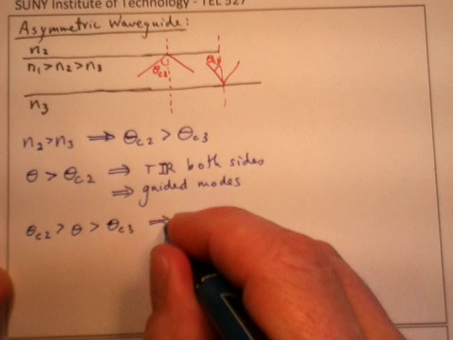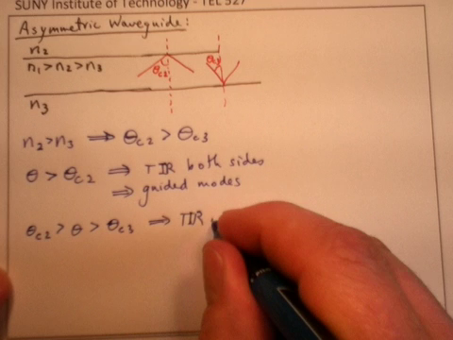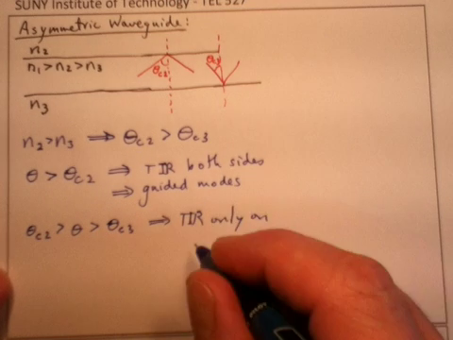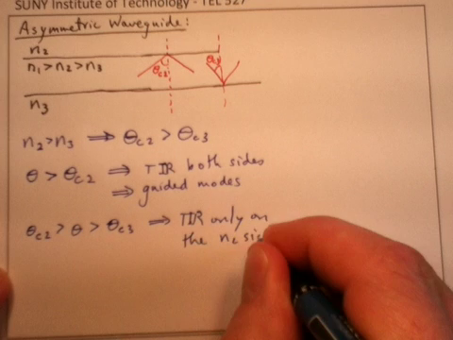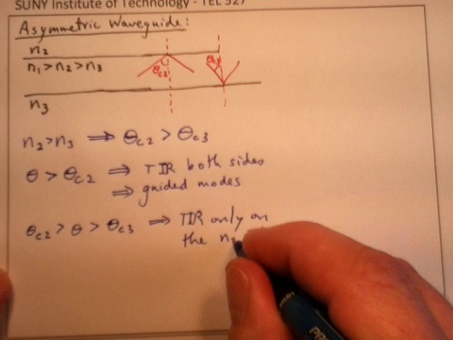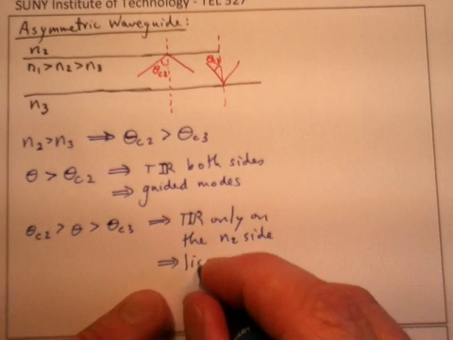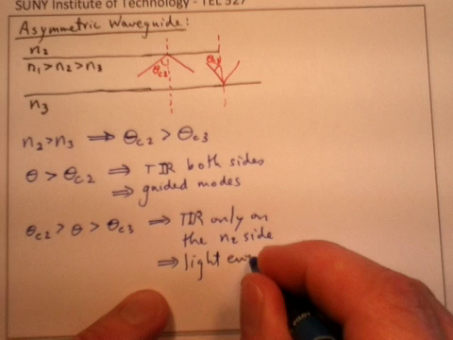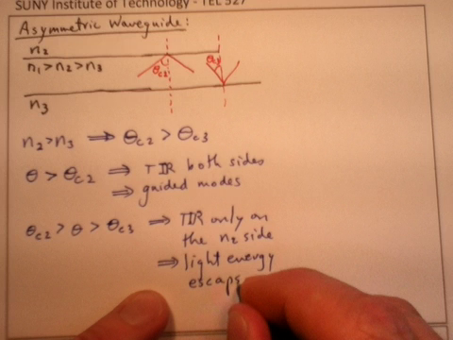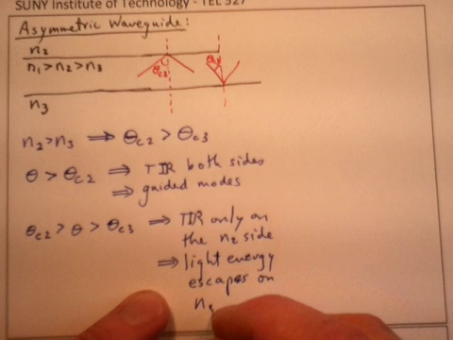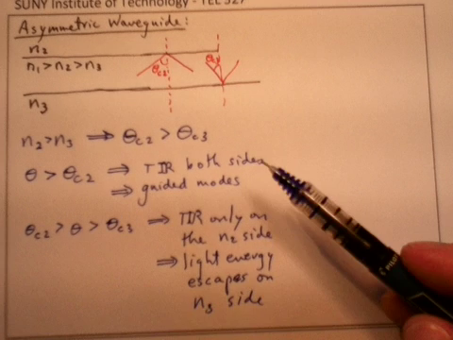We get TIR only on the n2 side, in which case we don't have guided modes, so light energy leaks out or escapes on the n3 side. Okay, so that's the basic idea of an asymmetric waveguide.